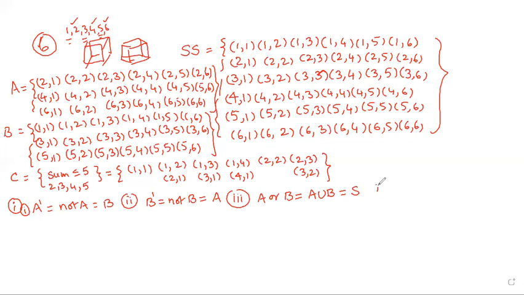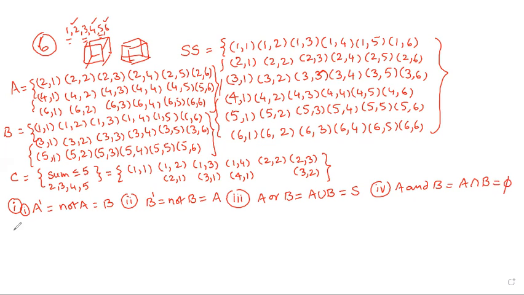Next, fourth bit, observe A and B. Here A is the even number first place, B is the odd number first place. A and B means A intersection B. What is common? A is the even number and B is the odd number, first place, no common, therefore empty set.